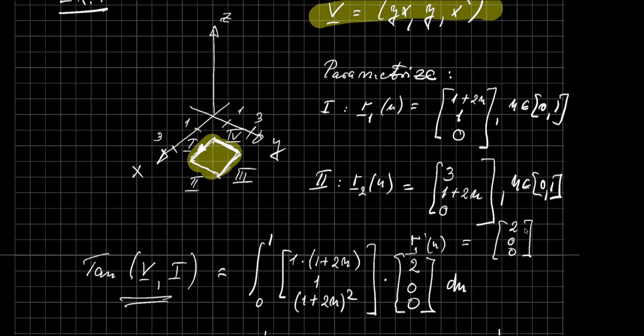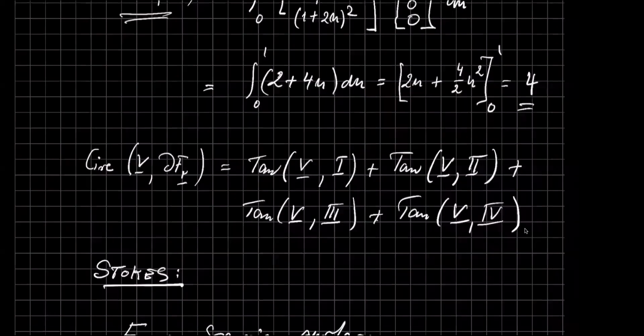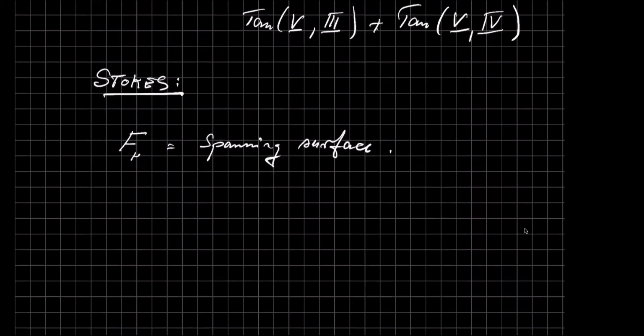So the simplest thing to do for the spanning surface is to choose the surface that lies in the xy plane. And then it's fairly easy to write down a parametric representation for this.